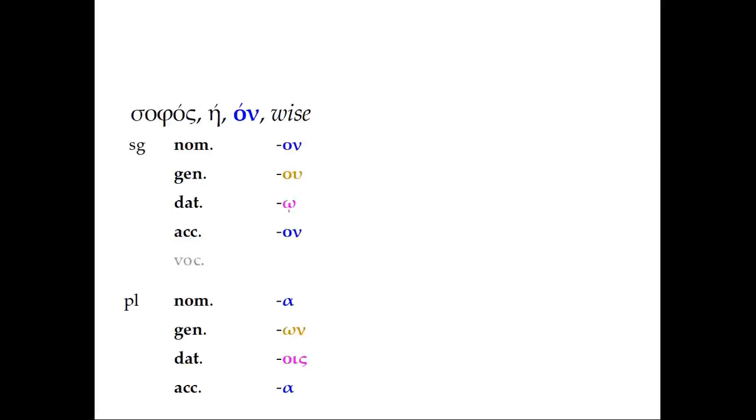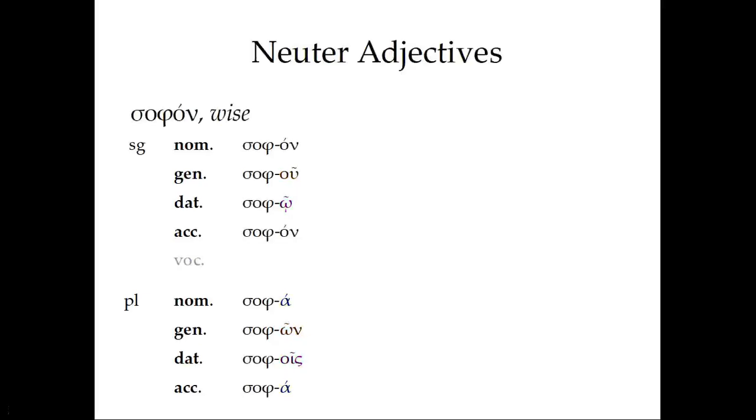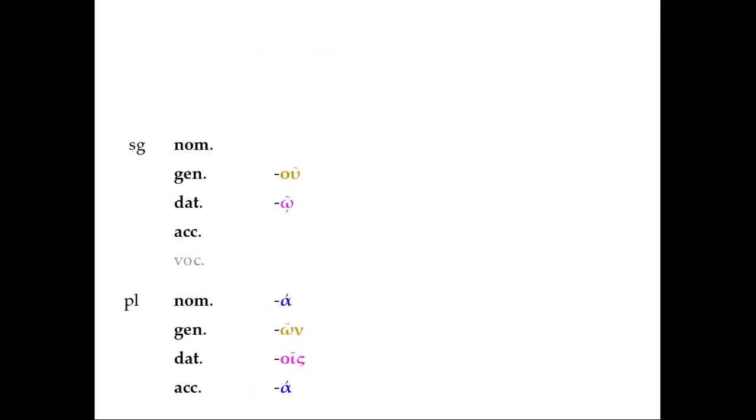The neuter forms of an adjective like this are going to have the same endings as the second declension noun that we just looked at. So all we're going to do is plug in our stem into all these parts, and we get the forms for neuter adjectives. Now, we're going to drop the nominative and accusative ending here.